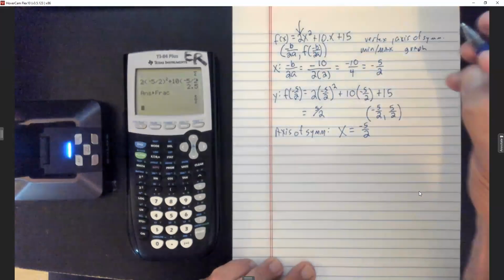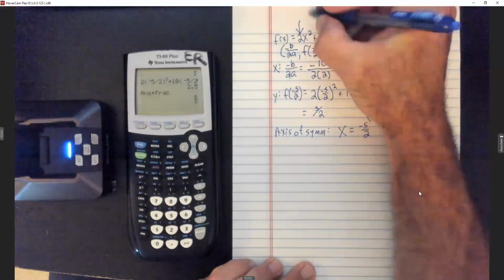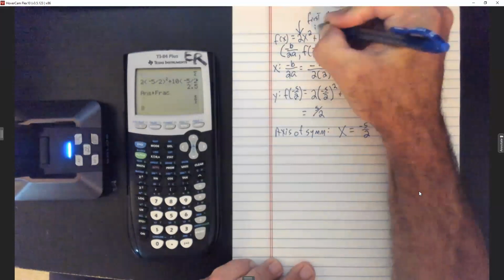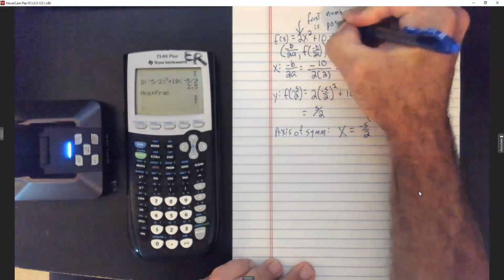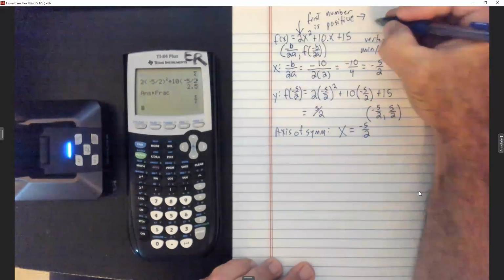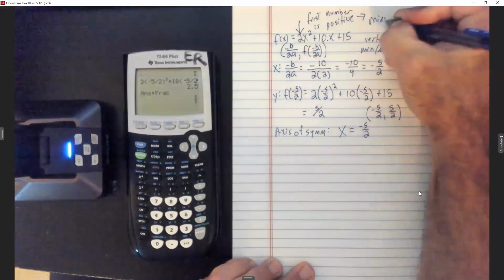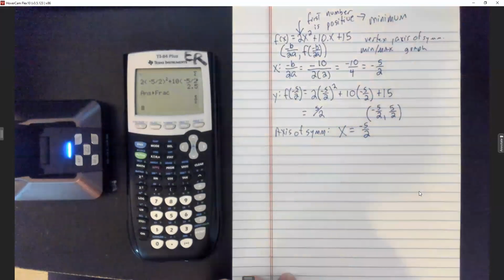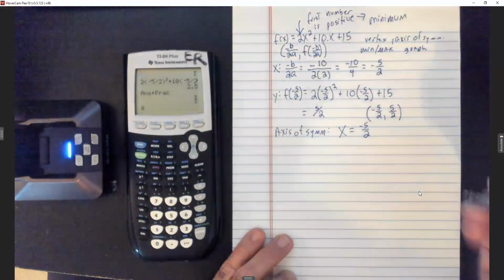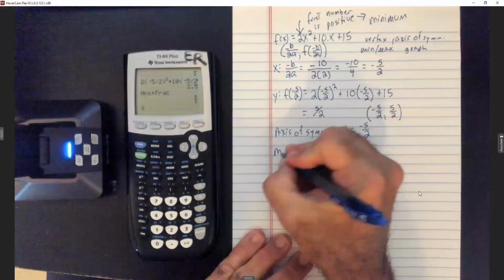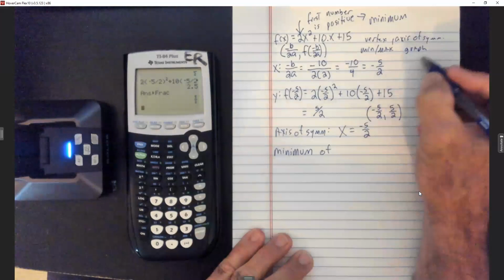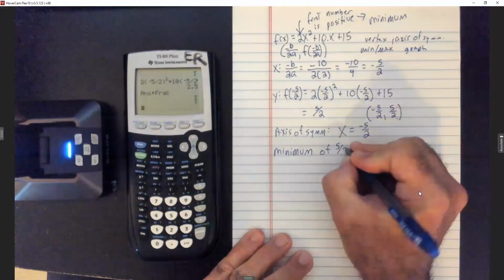So remember, first number positive, so that means it's a minimum. Had I had a negative in the front of this, it would have been a maximum. So this one has a minimum of the y value, which was 5/2. All right, so I got everything.